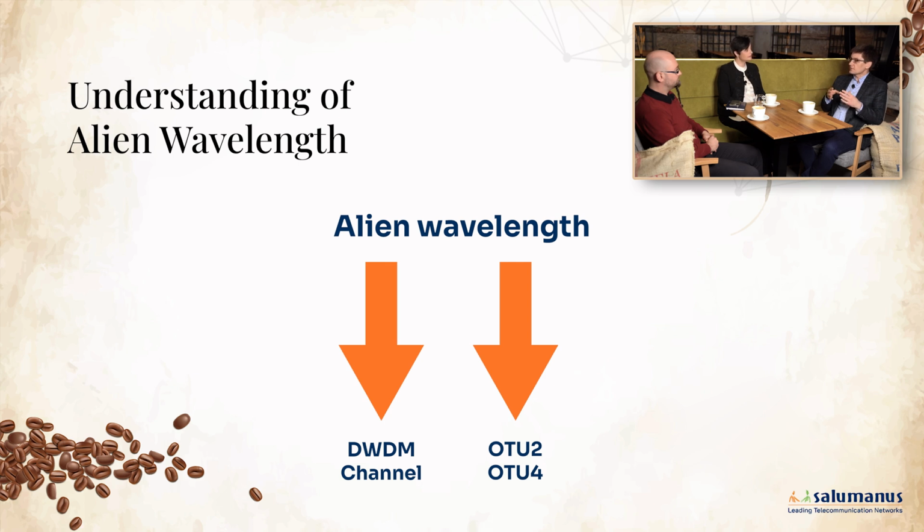Because alien wavelength services could also be leasing an OTU2 or OTU4 frame from one end of the network to the other end of the network. And I think that it's good to mention that with the PacketLight 1U devices, we could approach both applications. So this is quite a compact solution.